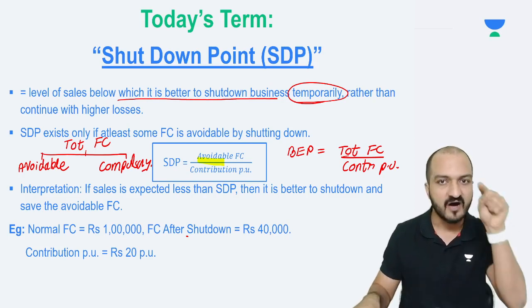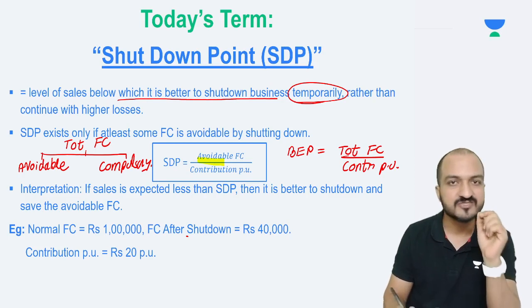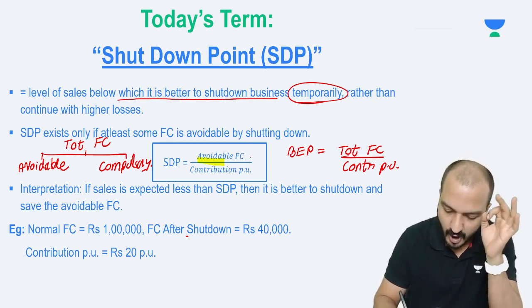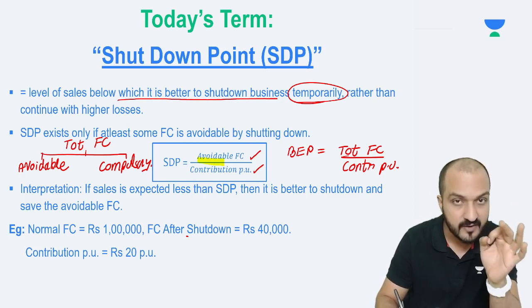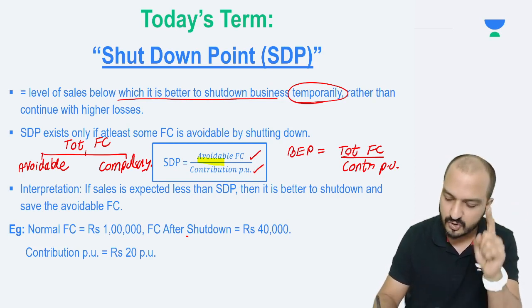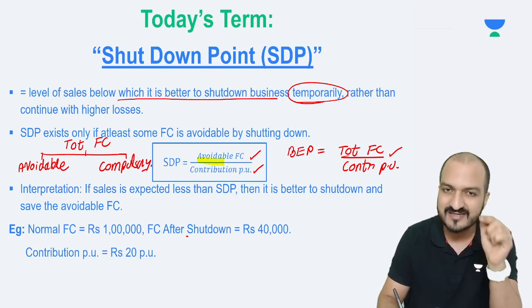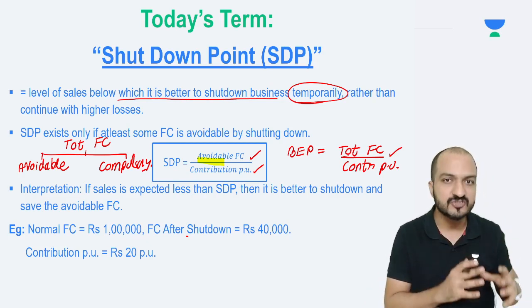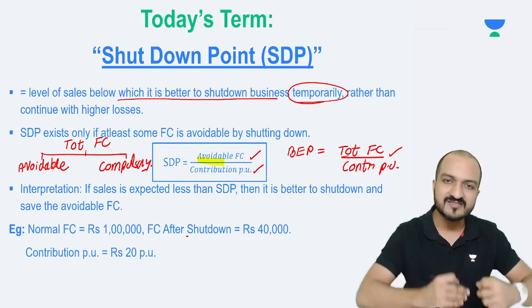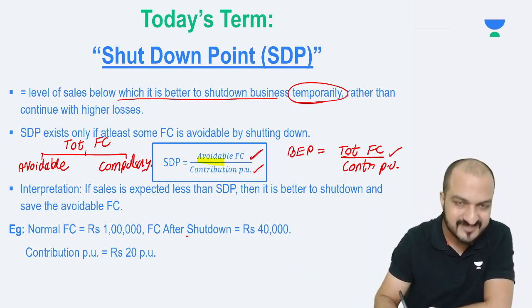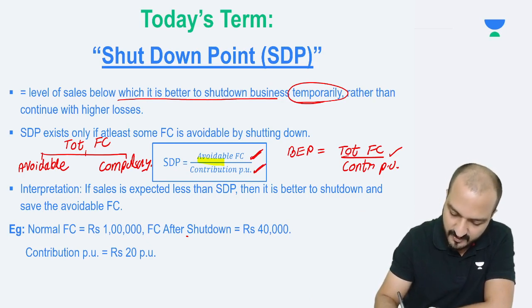So to recover avoidable fixed cost, how many units do you need? For recovering only the avoidable fixed cost, that is shutdown point. To recover total fixed cost, what units you need? That is break even point. Right now my discussion is how many units we need to recover at least the avoidable fixed cost. So I need avoidable fixed cost divided by contribution.